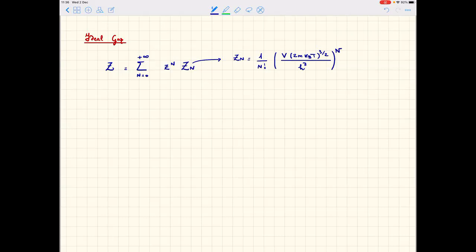Well, then substituting here, we get the sum over n from 0 to plus infinity of 1 over n factorial, and then I have V times z times (2πm kBT)^(3/2) divided by h cubed, to the power n.